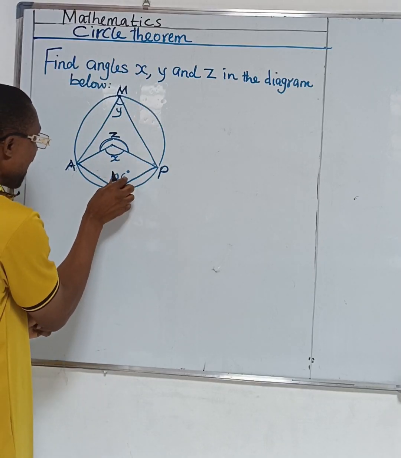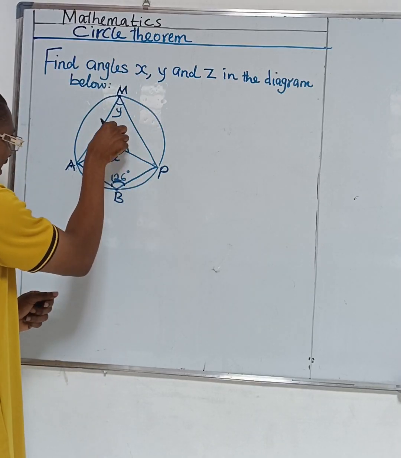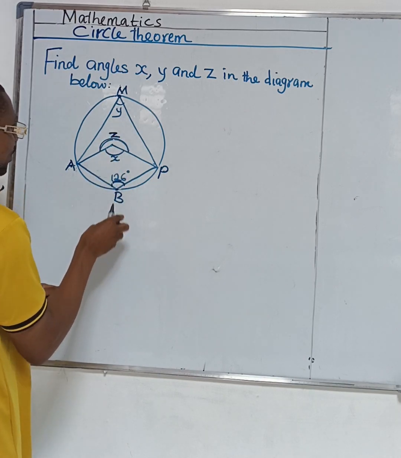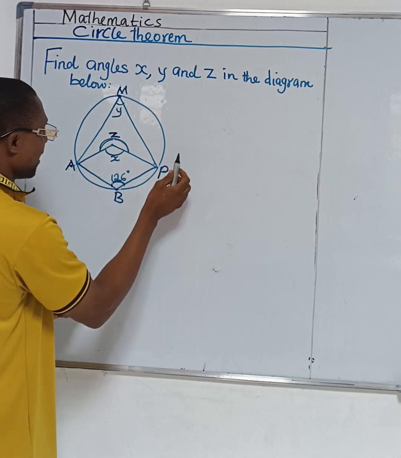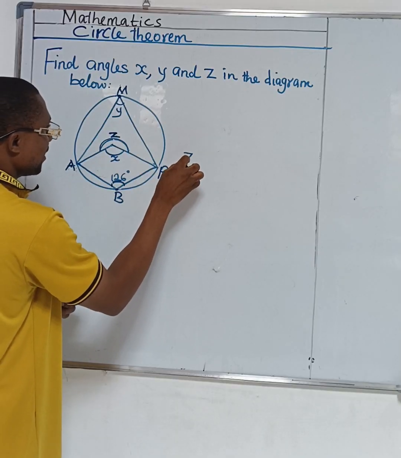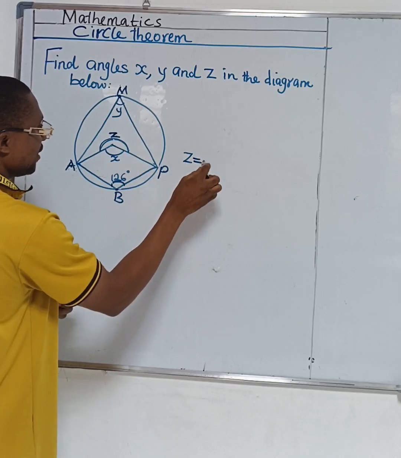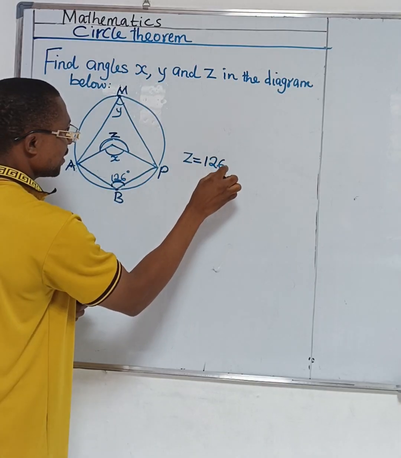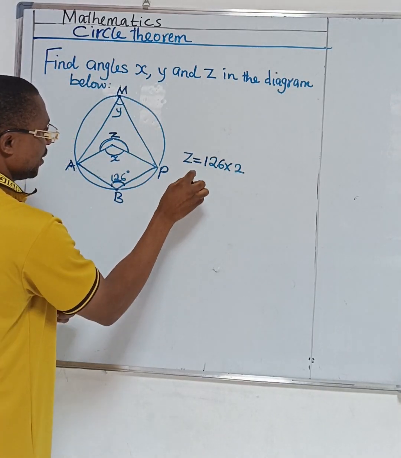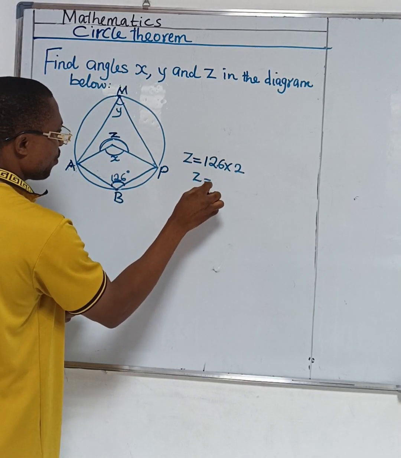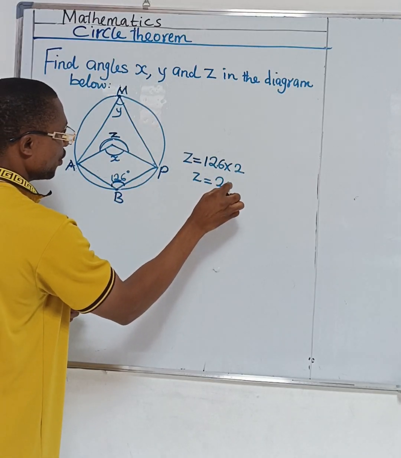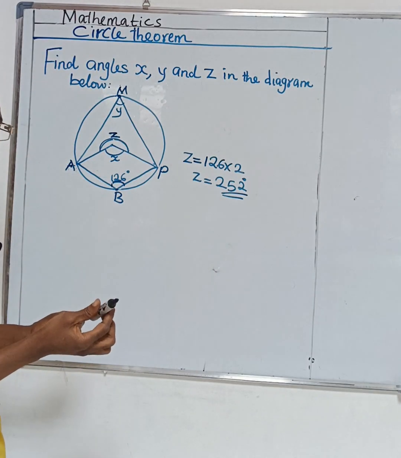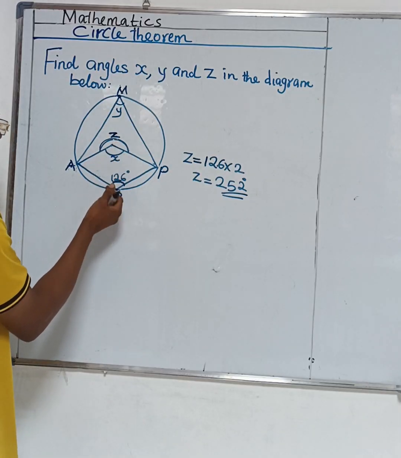So this angle at the circumference is twice, that is 2 times the angle there. That means we say that angle Z is equal to 126 times 2. Therefore, Z will be equal to 252 degrees.